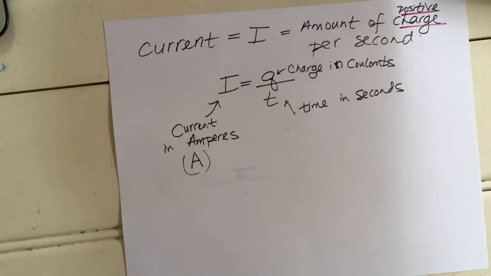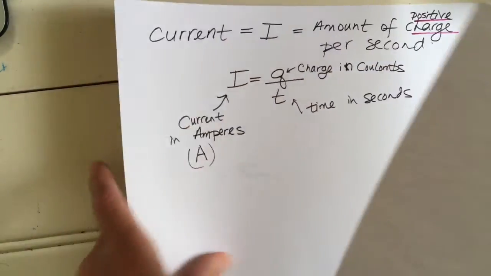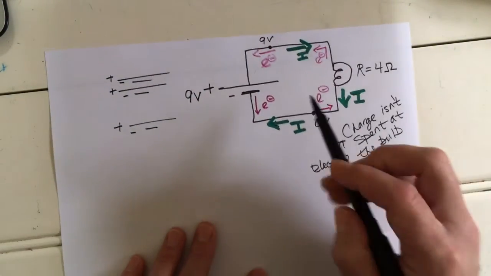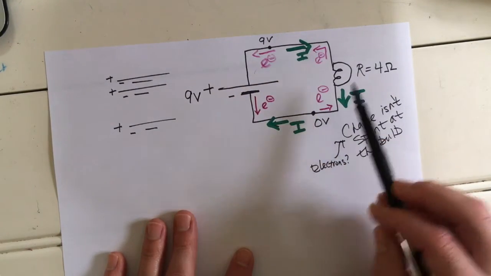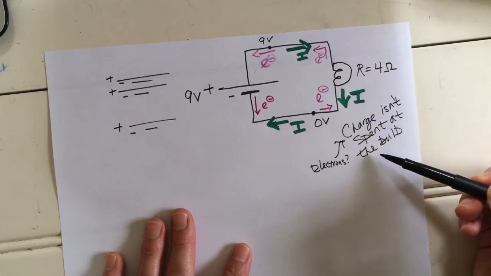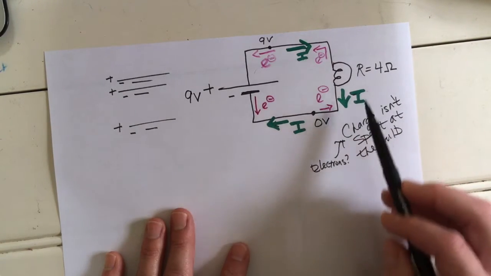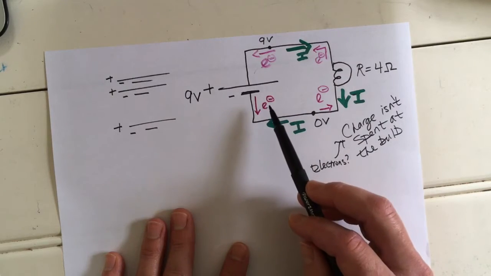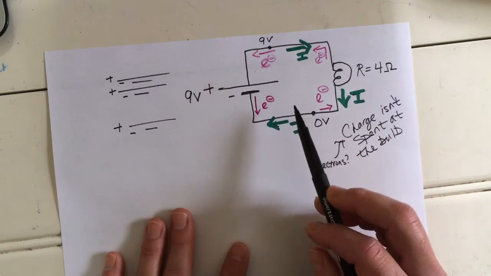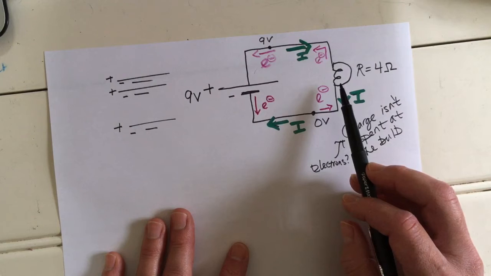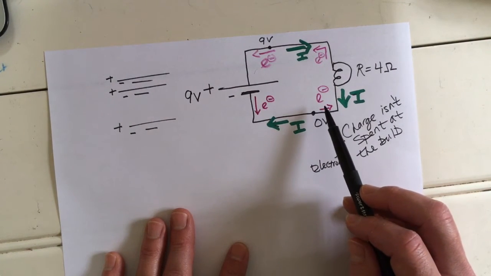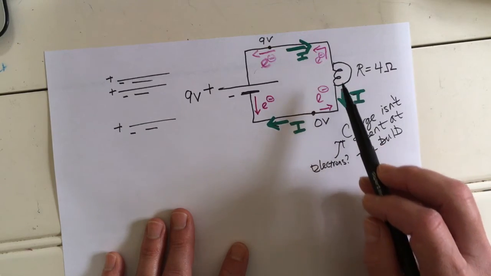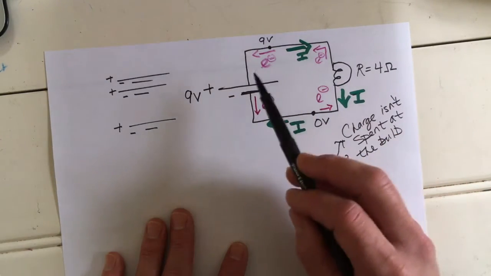And I guess one more thing before we move on to resistance. The positive charge, as it moves through, we said charge isn't spent at the bulb, so current isn't spent at the bulb, and electrons aren't spent at the bulb either. The light bulb isn't eating electrons or destroying electrons. Come on, give me a break. Charge is matter, and matter isn't destroyed. Matter is conserved. Charge is conserved.